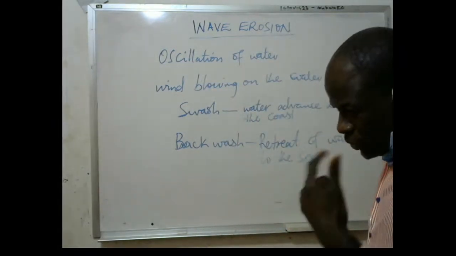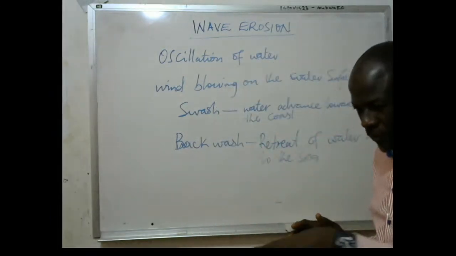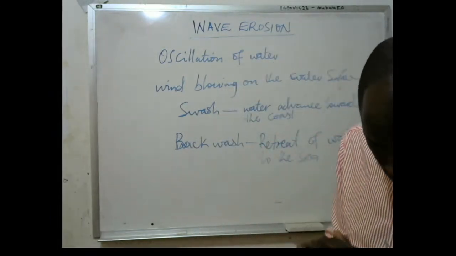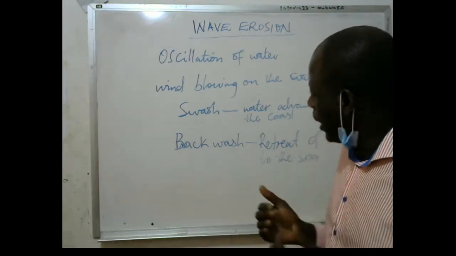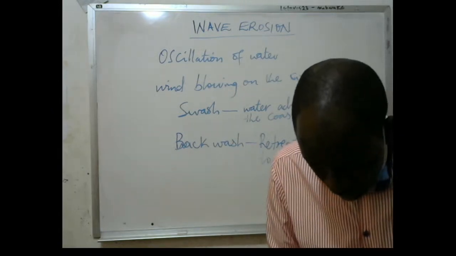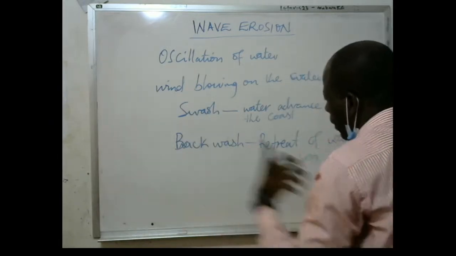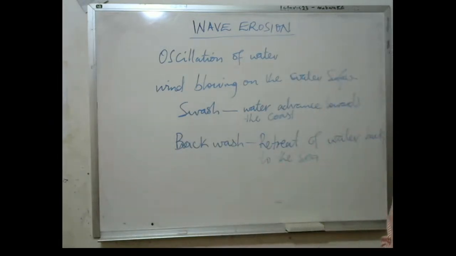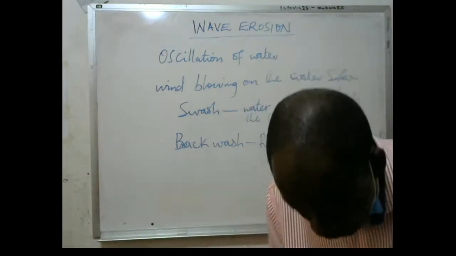So in the notebook, not in the summary book, because the notes that I've provided and uploaded are already arranged notes. They are not a summary. They are notes that you need to have in your book for further revision. So we are saying the swash and the backwash occur during the wave movement, the oscillations.